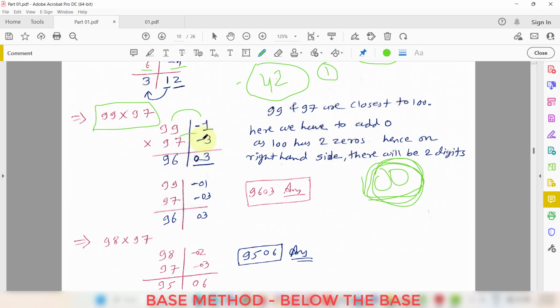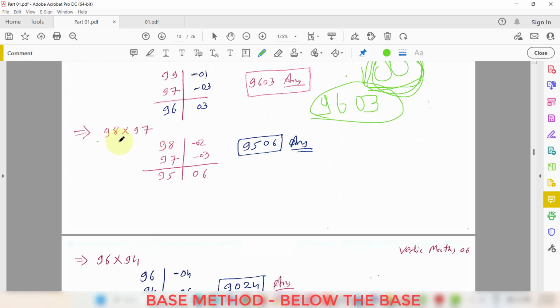So 99 minus 3, that is 96, or 97 minus 1, that is also 96. But here we have to write in 2 digits, 01 multiplied by 03, that is 03. So your answer should be 9603. Your answer should be 9603.